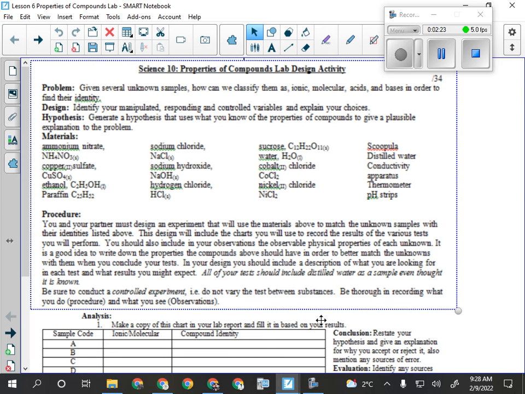This is more of a how question. The point is trying to identify 12 unknown compounds based only on their physical properties. We need that as a question. It's a short sentence. It doesn't need to be a paragraph or anything like that.